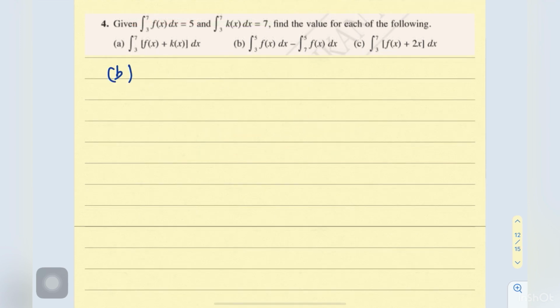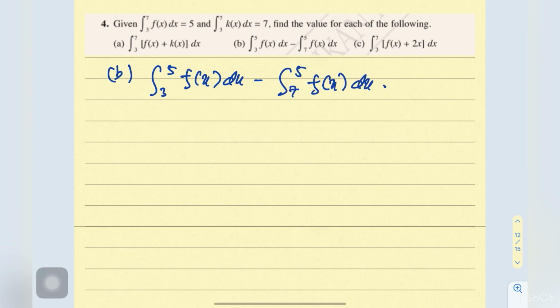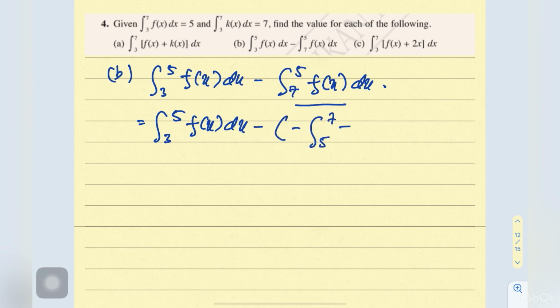Question B. The integral from 3 to 5 of f(x) dx minus the integral from 7 to 5 of f(x) dx. Okay, so we try to exchange the upper and lower limit for this one. So the integral from 3 to 5 of f(x) dx minus negative the integral from 5 to 7 of f(x) dx. Here we can add these two.